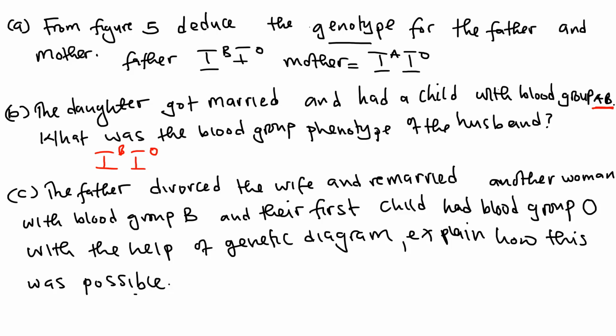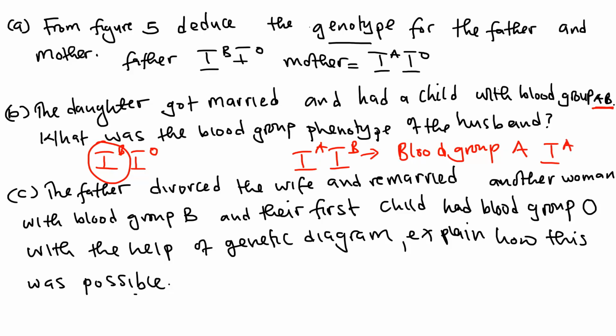One allele from the father, one from the mother. Look at this. If the child was blood group AB, the mother can contribute B, which means the father contributed A. So now the possible blood group of the father is blood group A. Blood group A is AA or AO, so it can contribute A and make AB.